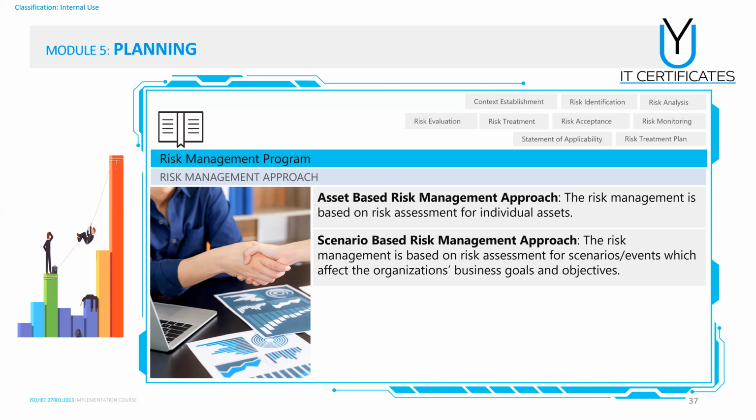Or scenario: for example, as we mentioned, the personal data of the customers is leaked or stolen. This scenario has multiple assets: servers, databases, network, internet connections, switches, routers, a lot. When it is asset-based, it will be a specific asset, but scenario-based is based on a scenario and consists of multiple assets.